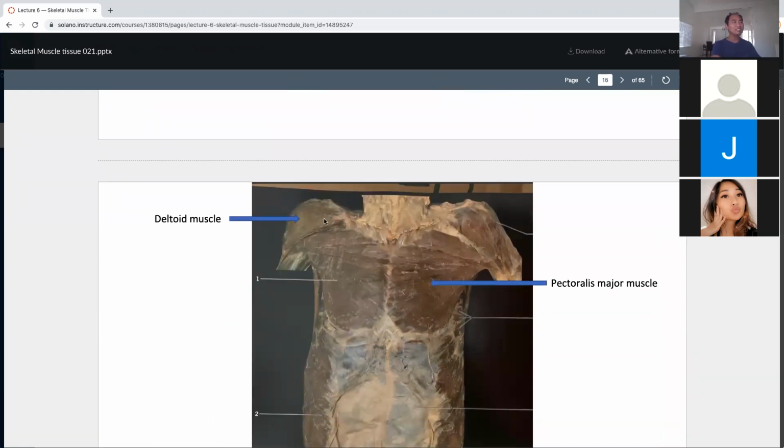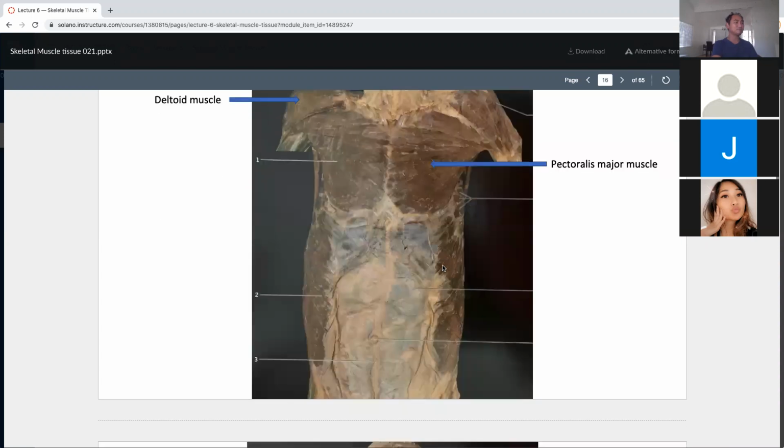And you have seen the deltoid muscle already. The deltoid is on our shoulder, and the chest muscle is the pectoralis major. If we remove this pectoralis major, we will see the pectoralis minor muscle.